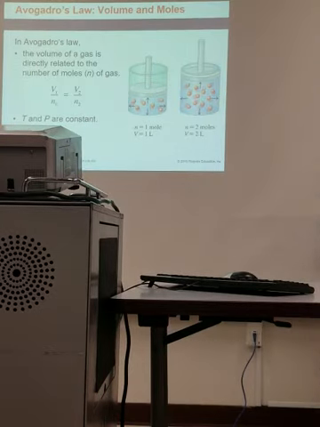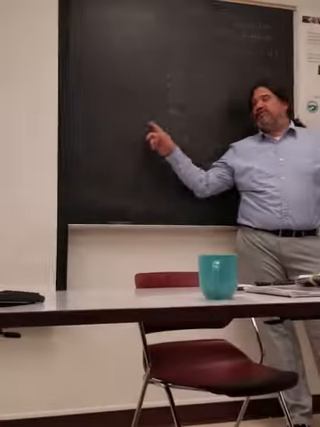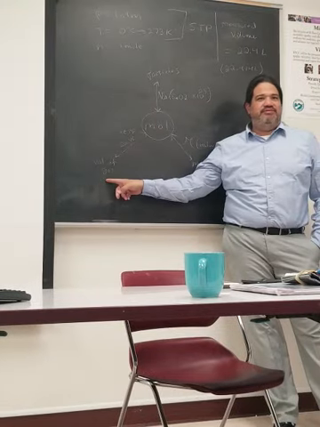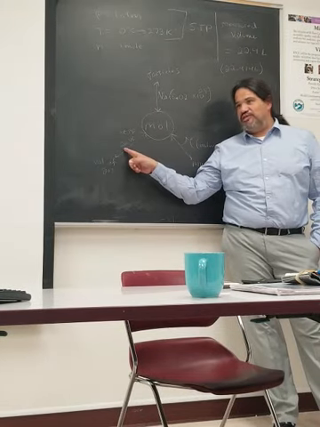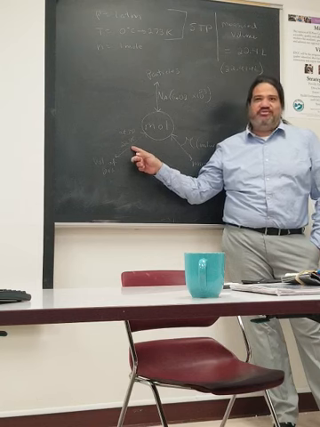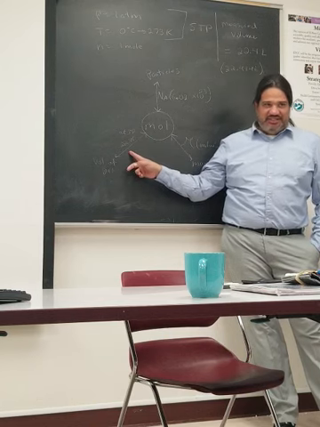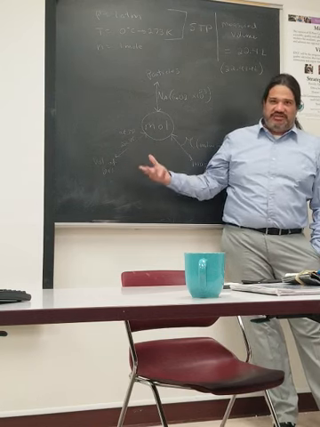Okay. Because this is a constant right here, 22.4, then there's a direct relationship between moles and volume. If you double the moles, you double the volume. So 2 times 22.4 is twice 22.4. If it's 3, then it's 3 times. If it's 4, it's 4 times.